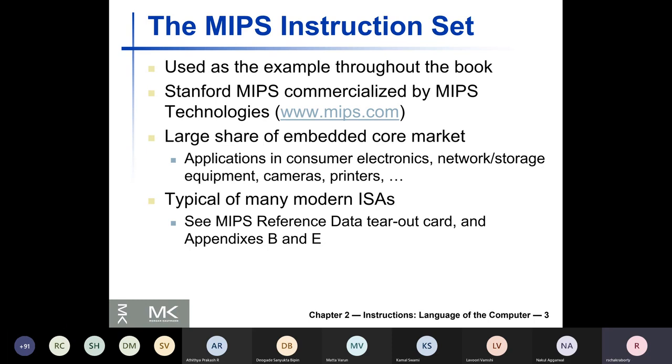Don't think that the embedded market is a niche market, a very minority market in the microprocessor domain. The embedded market actually is more than 90% of the total number of microprocessors sold every year. Many of these microprocessors are inside consumer electronic products and household products like microwave ovens, refrigerators, vacuum cleaners, washing machines.